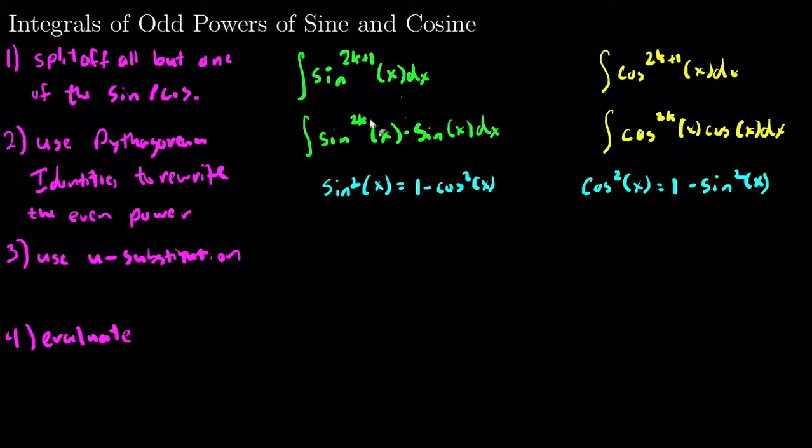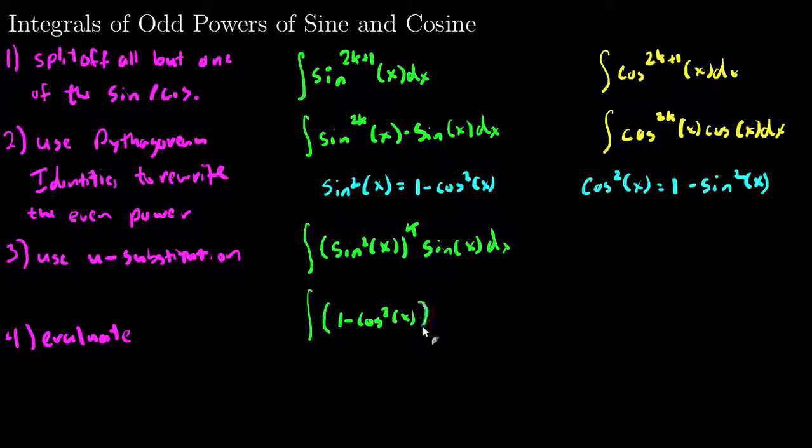So, over here, this sine to the 2k x is the same thing as sine squared x to the k times sine x dx. And I can rewrite this sine squared as 1 minus cosine squared x, all to the k times sine x dx.